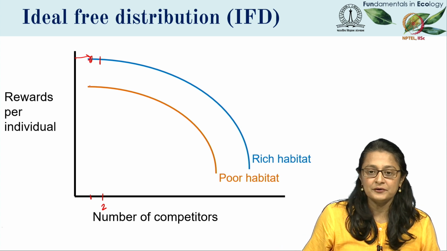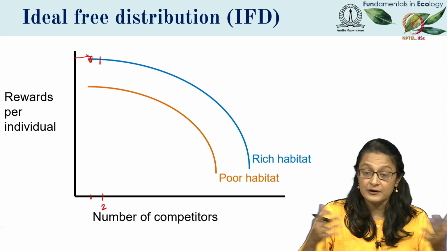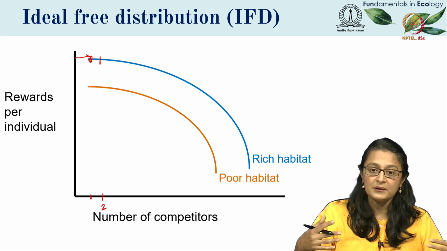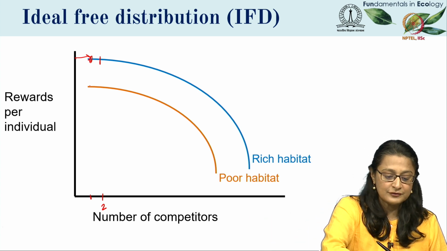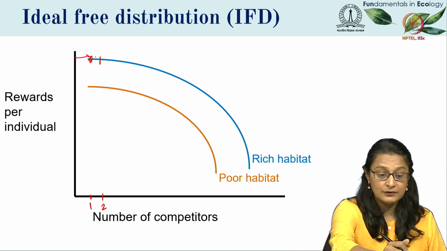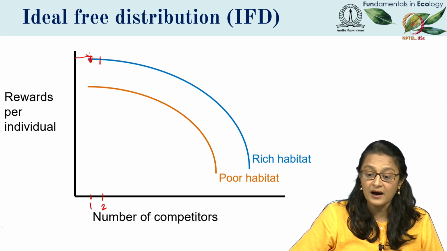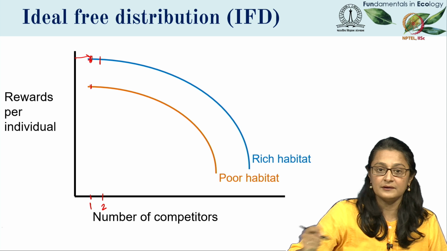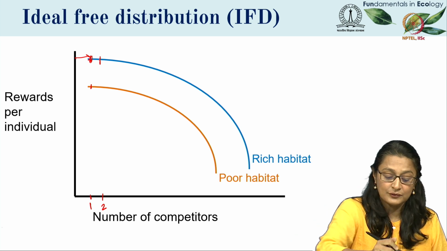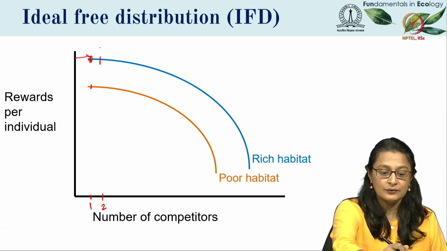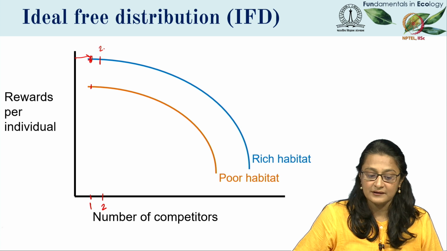So what should a competitor do? If these two habitats are empty and individuals are coming in one at a time, the first individual should go to the rich habitat because it gives him a higher payoff than the poor habitat. The second individual should also go to the rich habitat.